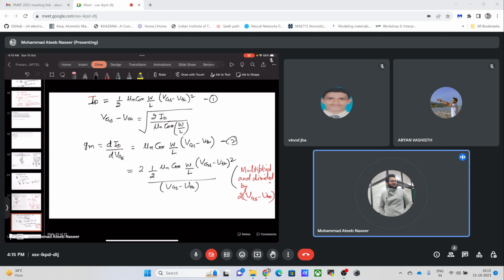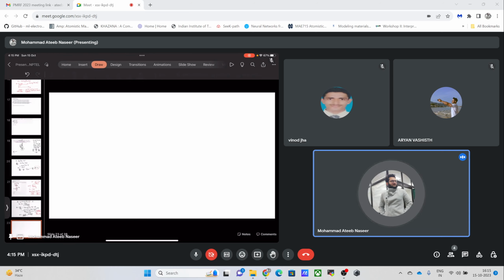This is what we have done: multiplied and divided by 2 times (VGS minus VTH). So this whole thing is equal to equation 1, this is equal to ID. So it is 2 times ID, and this VGS minus VTH is simply equal to the square root of 2 ID, and this mu n Cox W by L is also under the square root. So this is GM.